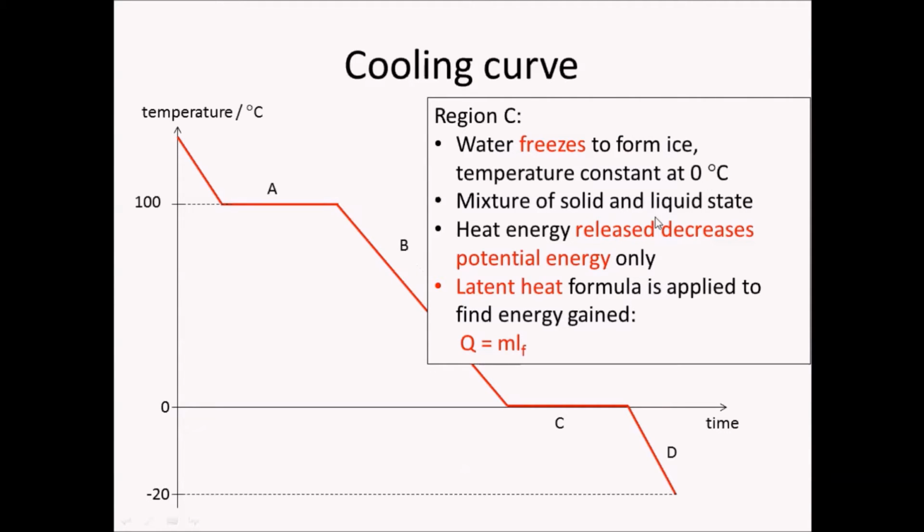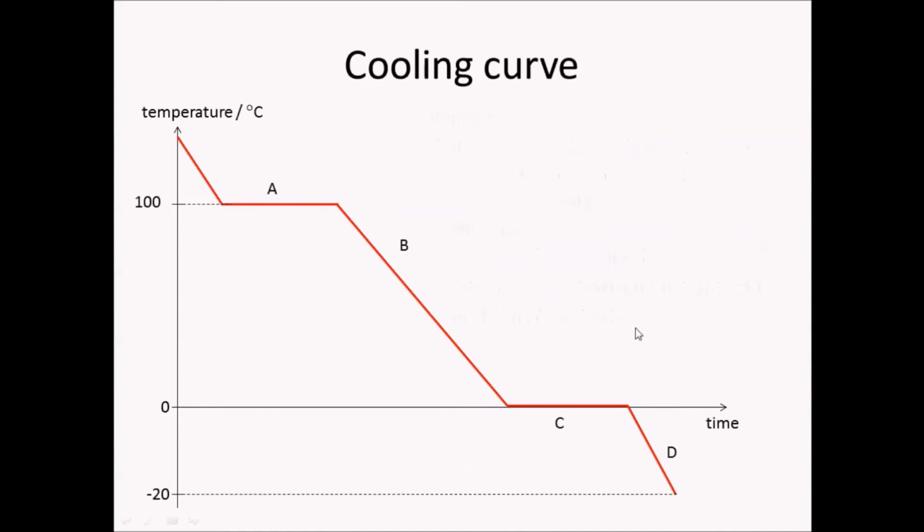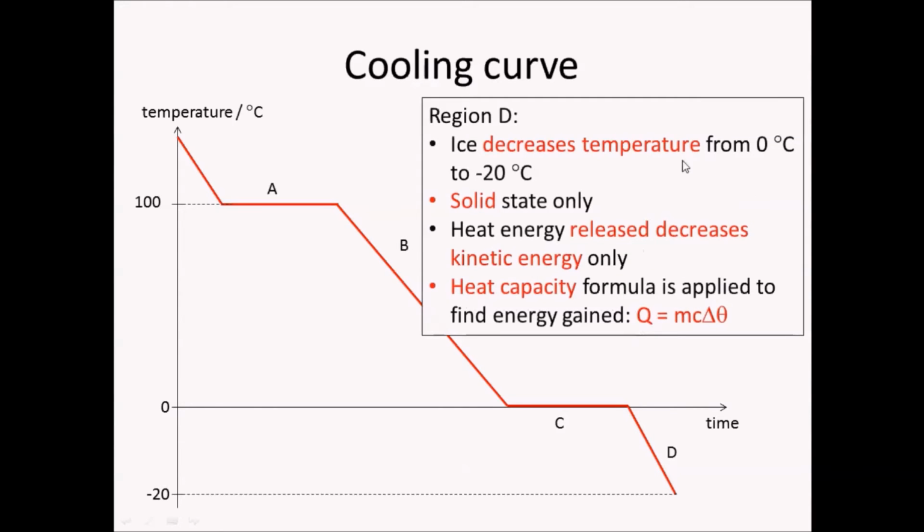The mixture is solid and liquid state together, and heat energy is released to decrease the potential energy only. The latent heat formula is applied. Finally, region D, ice decreases in temperature from 0 to minus 20 degrees. It is only in solid state, so heat energy is released to decrease the kinetic energy, using the heat capacity formula.